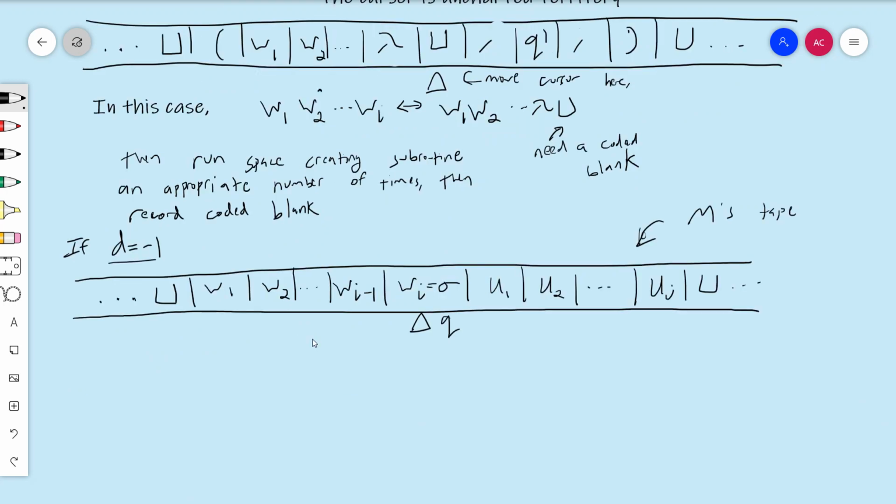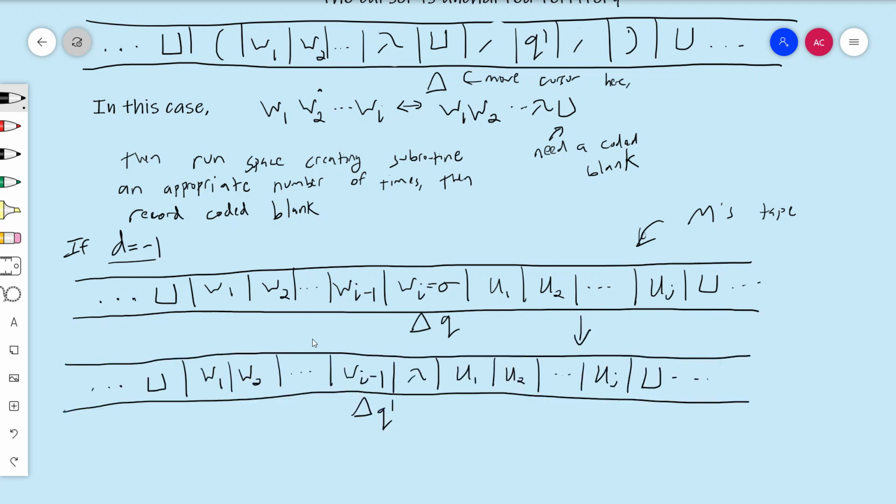So this is what the tape looks like that I'm simulating. I've got the string W on the left side, the last of which is what's pointed at. That's in state Q, and then I'll skip ahead again to what I want it to look like. Okay, so this is what it's going to look like afterwards.